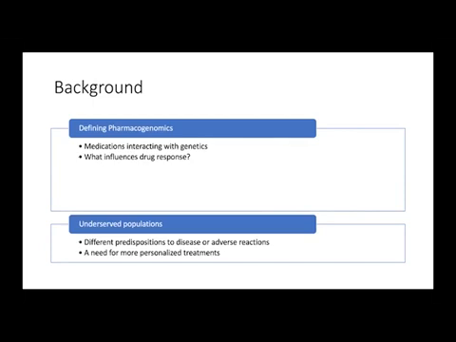Traditionally, many medicines may have been prescribed with a one-size-fits-all mentality. However, while doctors are well aware that things like age, diet, gender, things of that nature can affect drug response, it's not nearly as often that a person's genetic profile is considered and how that might affect drug response.